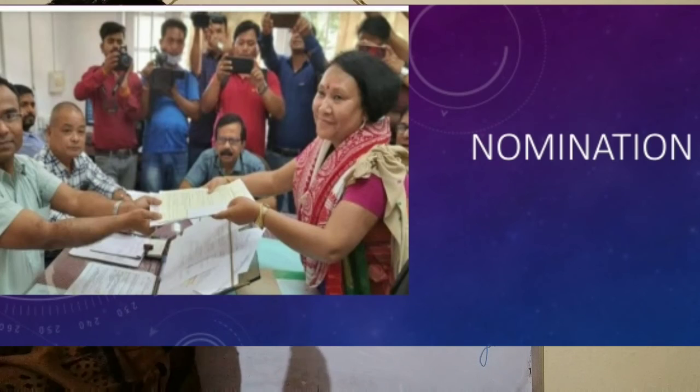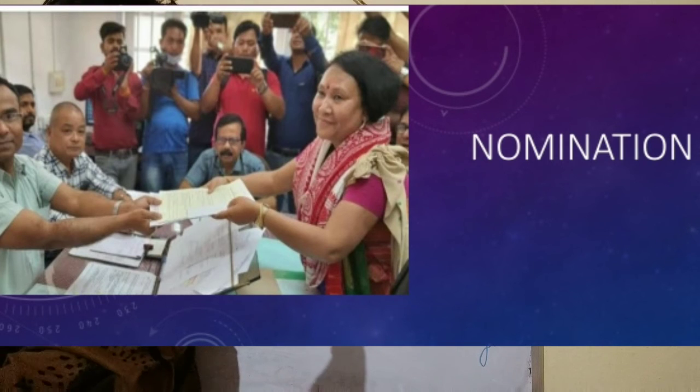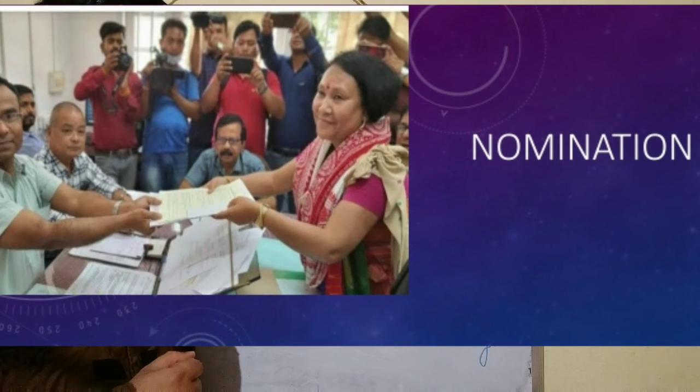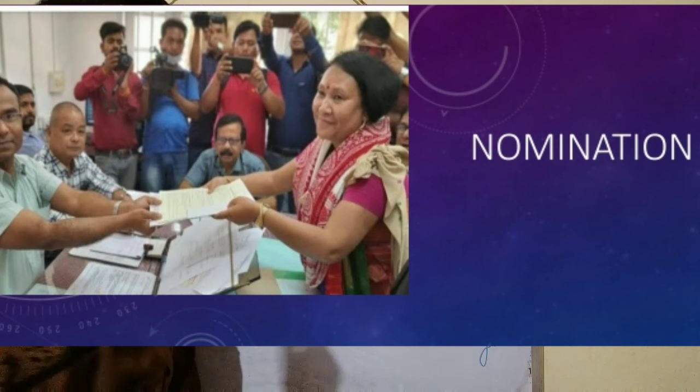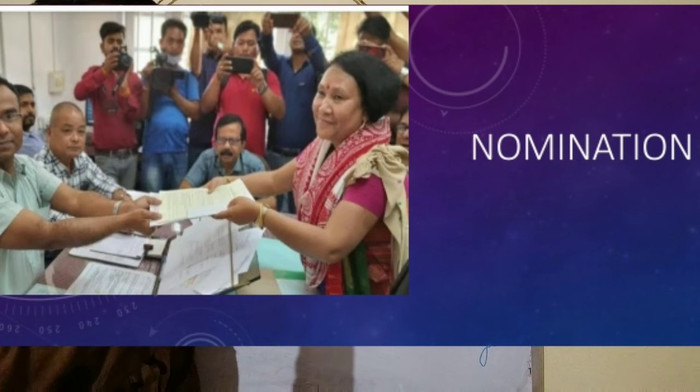I mean to say that they will give tickets to the respective candidates whom they believe may win the election. So the political party's task is to give tickets to the candidates they believe may win.